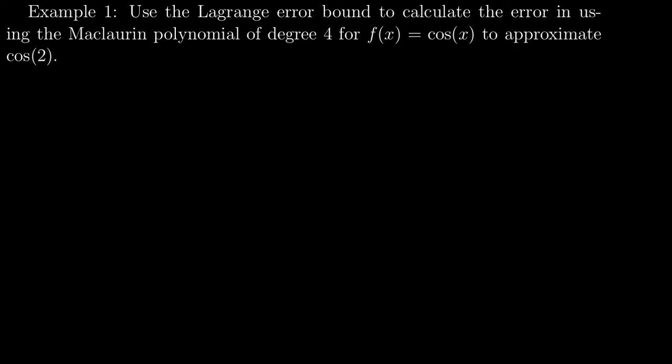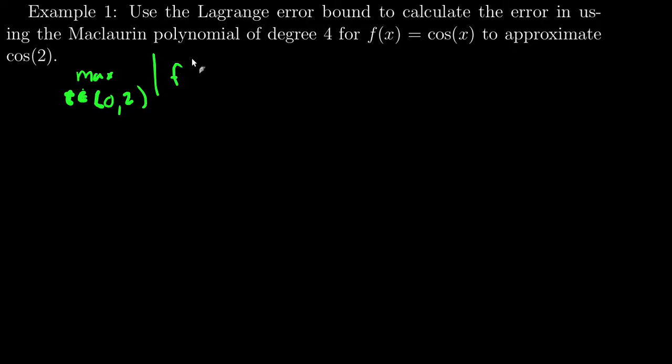So here's an example. Use the Lagrange error bound to calculate the error in using the Maclaurin polynomial degree 4 for f of x equals cosine x to approximate cosine of 2. So I have the three pieces. I need to find the max for my values in the interval from, it's a Maclaurin polynomial, so 0 up to 2 of the n plus first, sorry, not n plus 1, because I have n here.